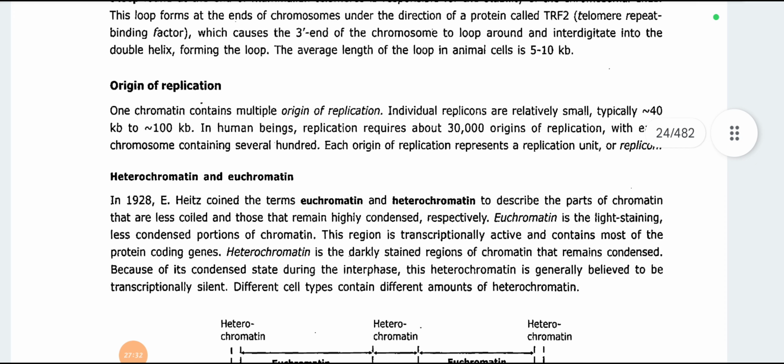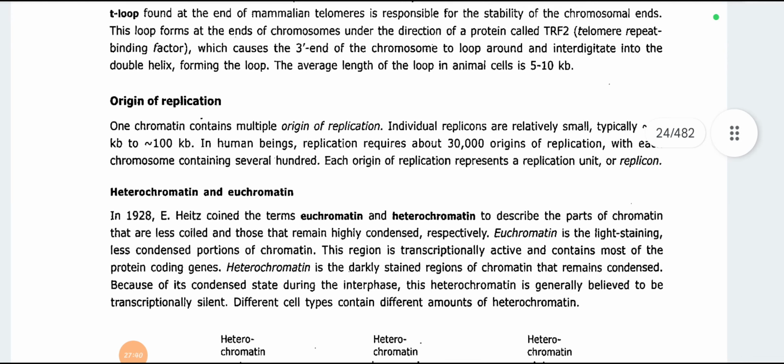This loop causes the 3' end of the chromosome to loop around and interdigitate into the double helix, forming the loop. This is how the chromosome is replicated up to the end, and the average length of the loop in animal cells is 5 to 10 kb.